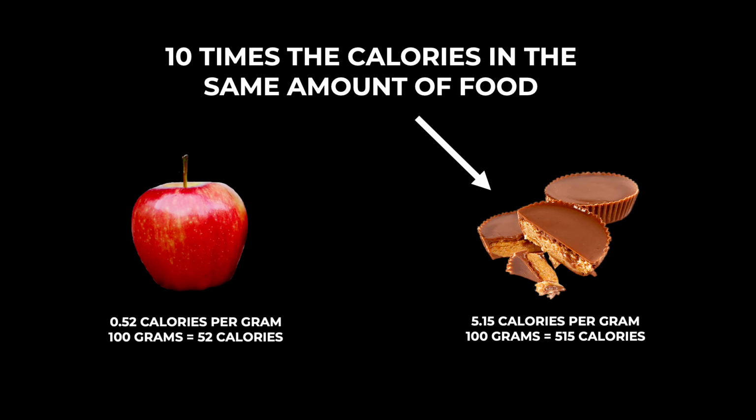So in this example, you would have to eat a kilogram of apples, which is about 10 apples, to get the same amount of calories as you would from just 100 grams of Reese's chocolate. And I'm sure you can understand how eating 10 apples is going to leave you feeling fuller, if not bloated, for longer, and potentially much more satisfied than eating just 100 grams of chocolate. It's also going to make it easier to stick to your daily nutrition targets and reach your goals.